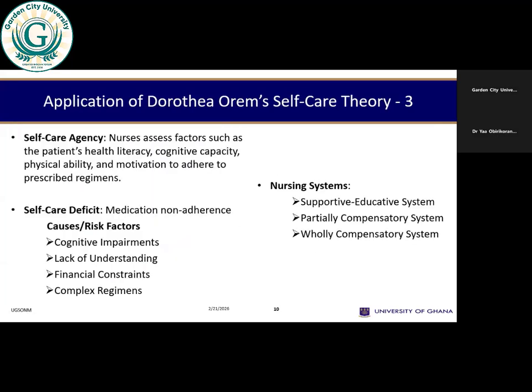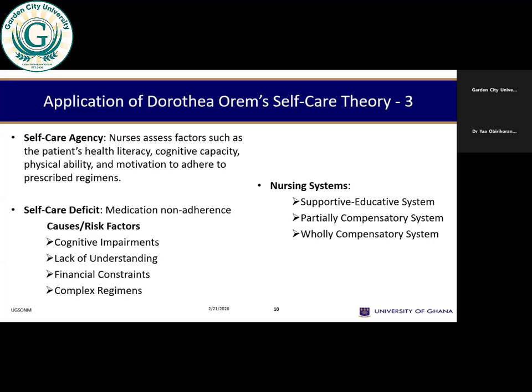So what are some of the things that I did? This also explains Orem's theory and how I identified some of the causes and risk factors for the patient's non-adherence.